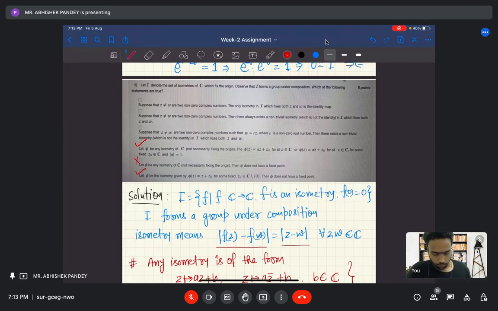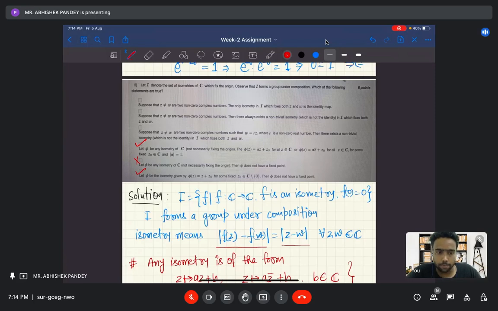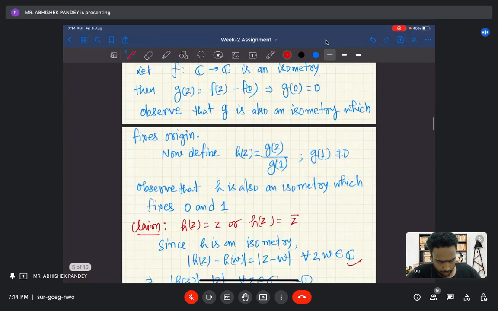Now let us look at the first option. Suppose that z is not equal to w are two non-zero complex numbers. The only isometry in I, remember, I denotes the set of all isometries which fix the origin, which fixes both z and w is the identity map. You can take basically z bar, and z, w real numbers.